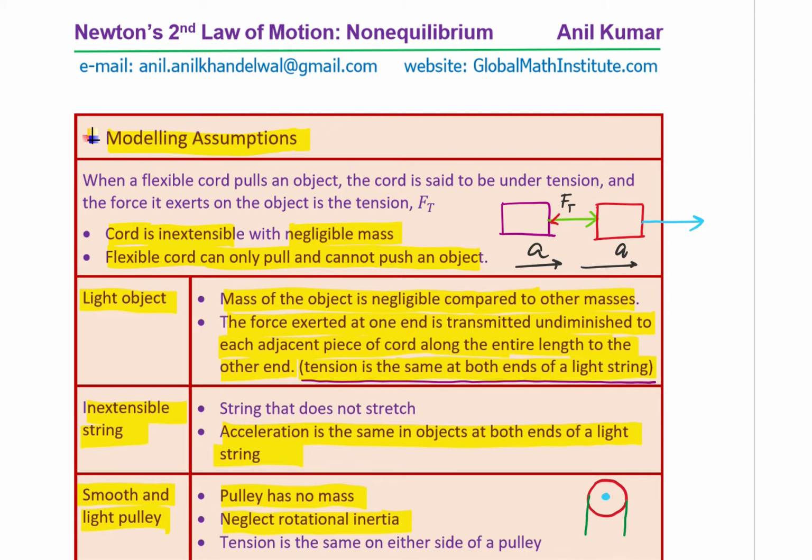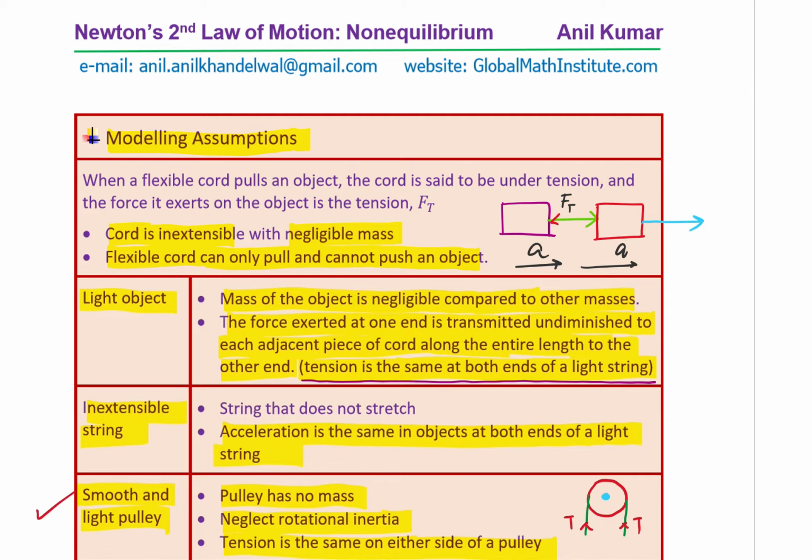So clearly, when this moves, no force is applied or wasted in moving the pulley rotationally. That's what we are saying. So neglect rotational inertia, right? And then the tension is the same on either side of the pulley. So this tension which is there on the string is exactly the same on either side of the pulley, right? That's what we are trying to say when we say it is a smooth and light pulley.